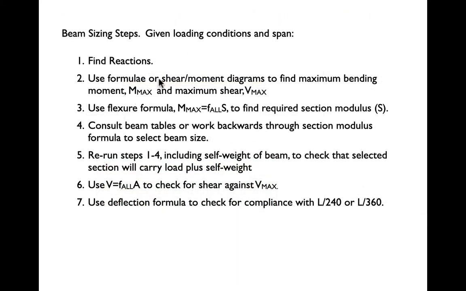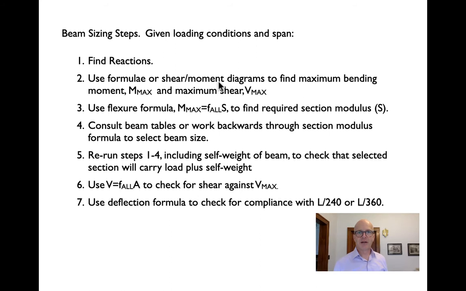So here's our process. We'll first use rotational and vertical equilibrium to find beam reactions. We'll go to either the table of formulas, which I'll show you again, or we'll draw our own shear moment diagrams to find the maximum bending moment and maximum shear. For simply supported beams, remember maximum moment's usually going to occur in the center.